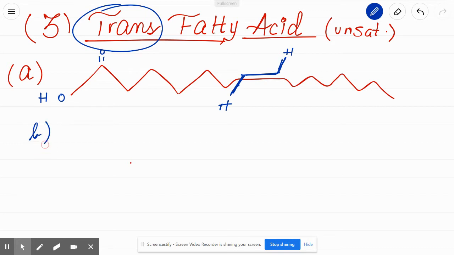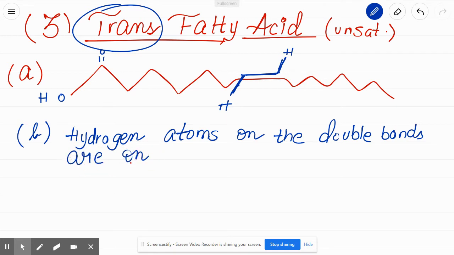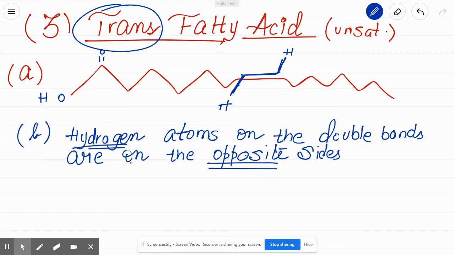So hydrogen atoms on the double bonds are on the opposite sides. That's important.